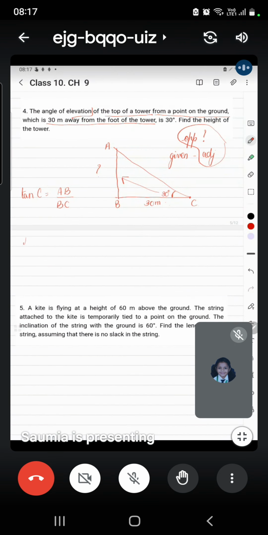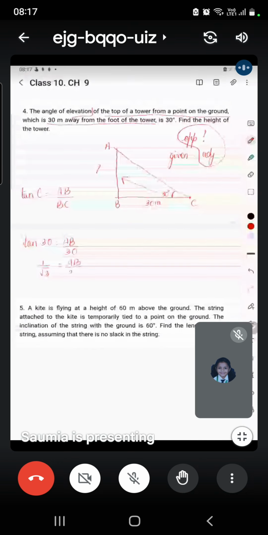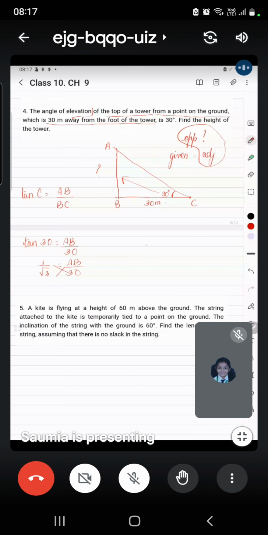Now tan C is tan 30. AB, I don't know. BC is also 30. What is tan 30? 1 by root 3. So 1 by root 3 is equal to AB by 30. Cross multiply. You will get AB is equal to 30 by root 3, which is equal to 10 by root 3.